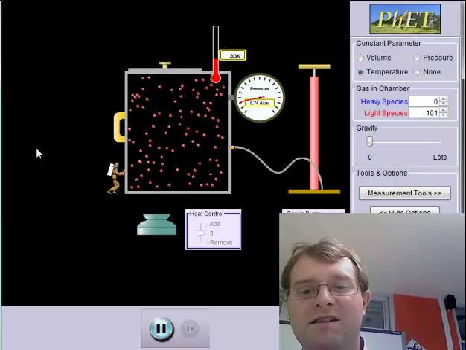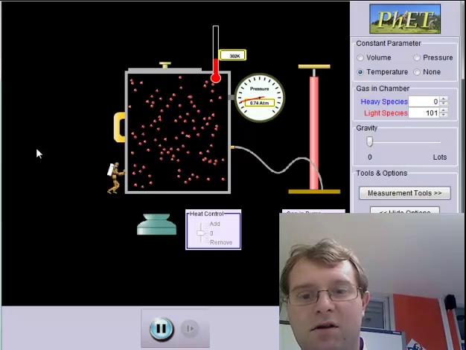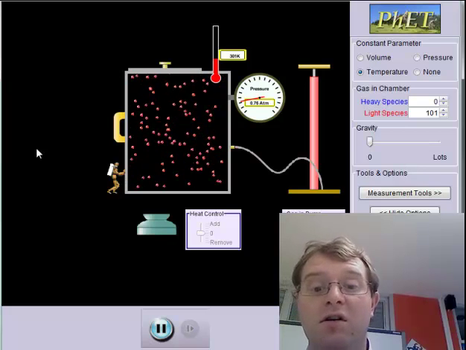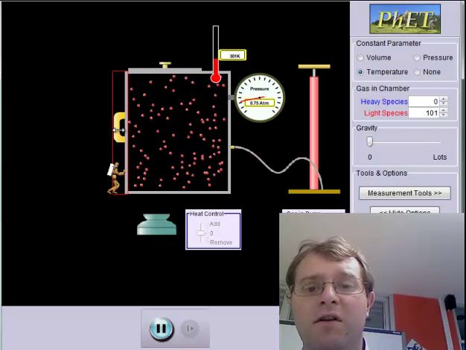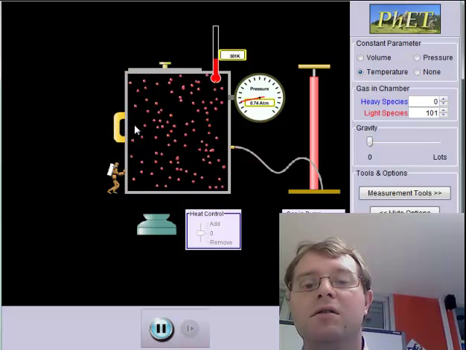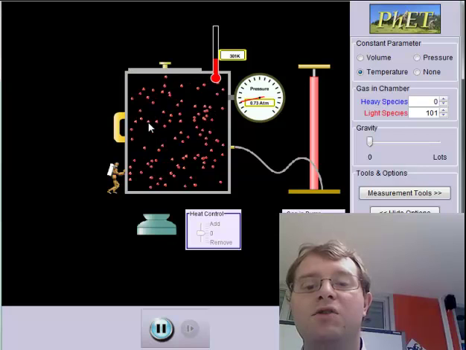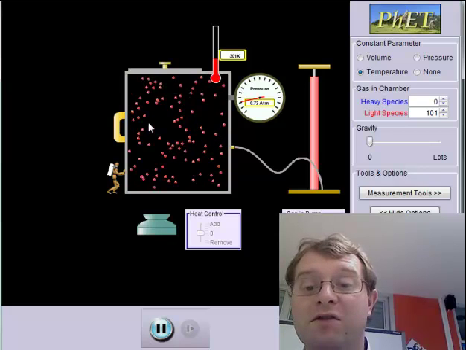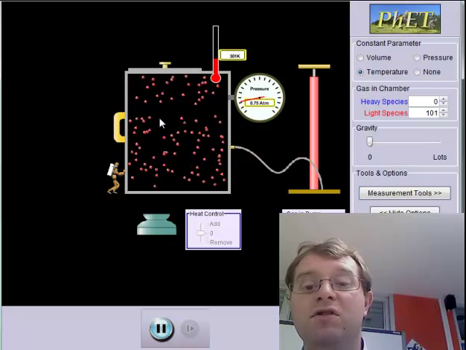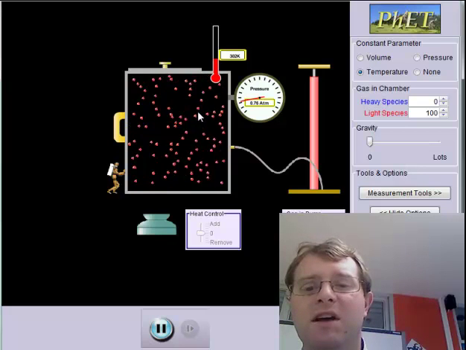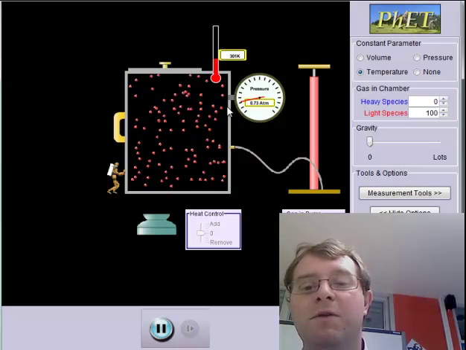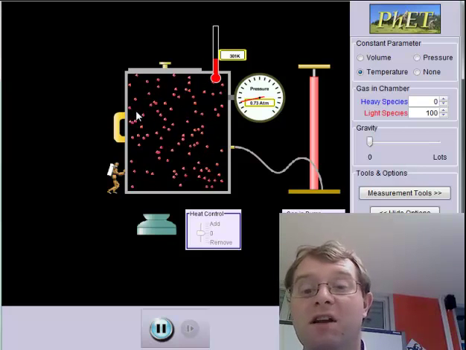Now, why is that the case? Well, the reason for this is because the pressure is caused by the forces from each one of the molecules colliding with the outside surface. And what happens is, if I reduce the volume, it means the time taken for a particle to travel from one side of the space to the other side of the space is dramatically reduced.